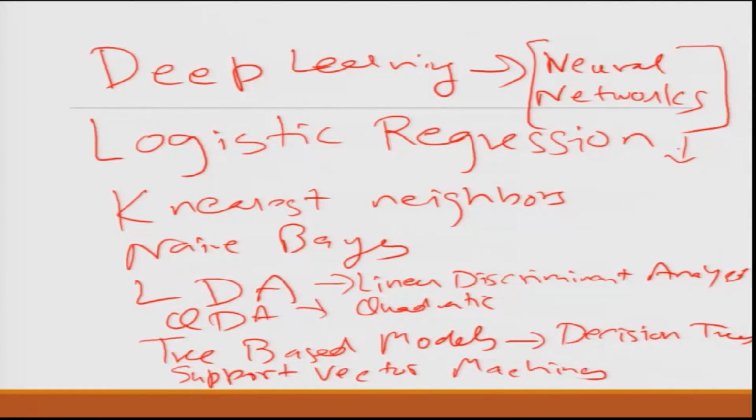So these are the classification based models, and then we have unsupervised learning. Now, so far the models that we looked at always had a target variable.